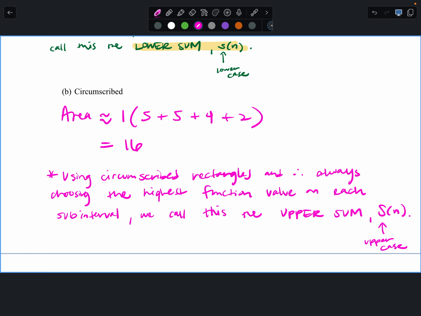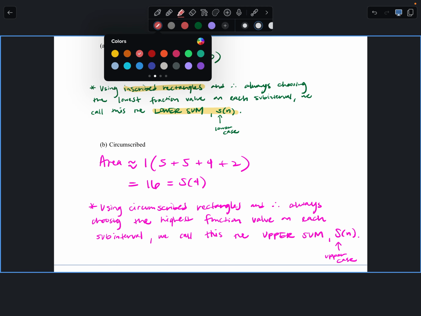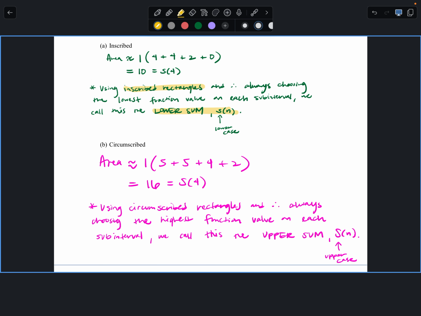Or uppercase S. So like this would be capital S of 4. What are those 3 dots? Therefore, shorthand for therefore. Oh. Yeah, math people like to have a symbol for words that come up a lot, so they don't have to write them so often. Okay, so circumscribed rectangles, the areas added up correspond to the upper sum.